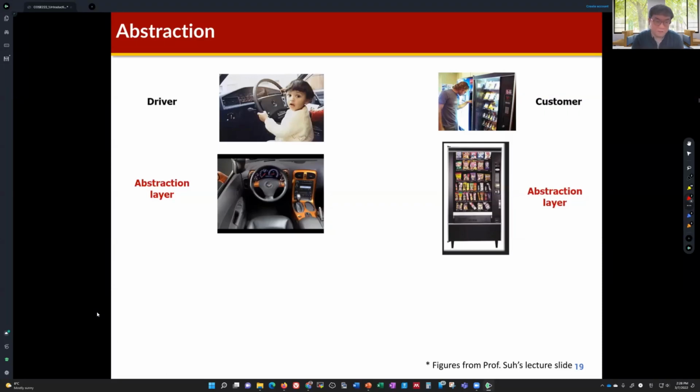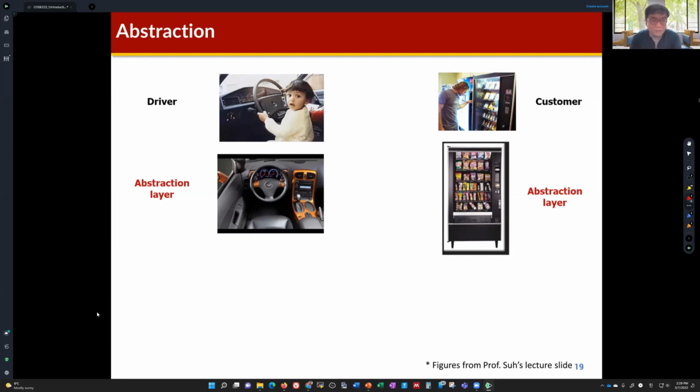So what is abstraction? Abstraction means making complex systems or complex devices appear with a simple aspect.